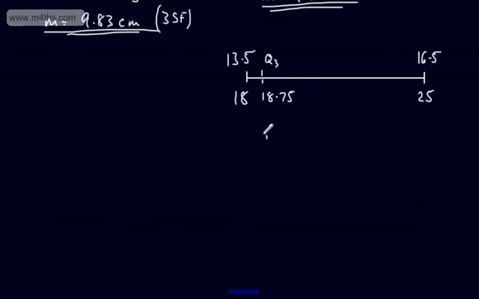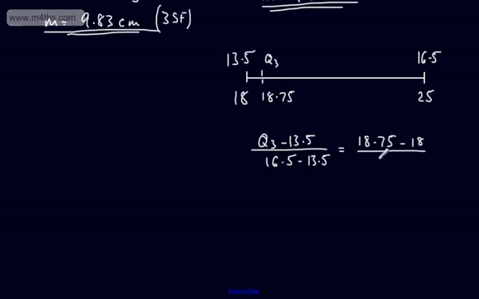We've got Q3 minus 13.5 over 16.5 minus 13.5 will be equal to 18.75 minus 18 over 25 minus 18. So that's going to give me 3. So we can say Q3 minus 13.5 will be equal to 3 lots of 0.75 over 7.